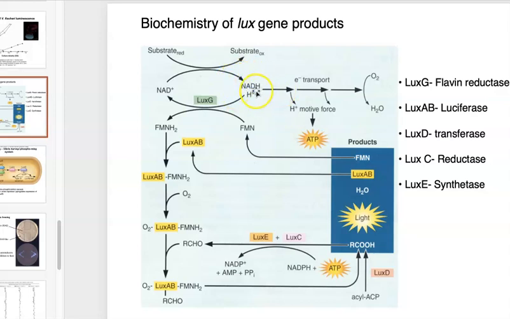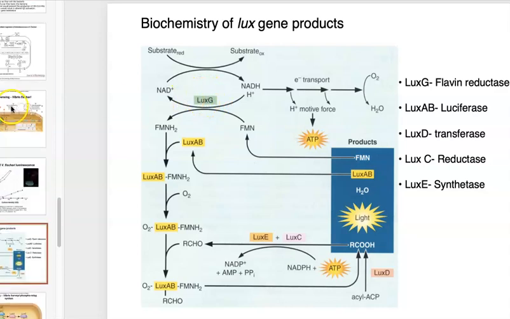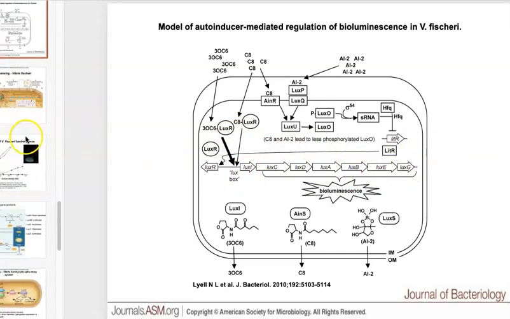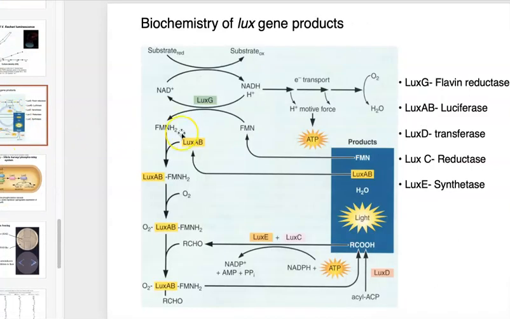And so the microbe will take these electron carriers using this Lux protein, LuxG. And so again, you can reference back to the Lux operon here, LuxC, D, A, B, E, and G. Now, LuxG will steal electrons from NADH and transfer them to FMN, flavin mononucleotide, to make reduced flavin mononucleotide.